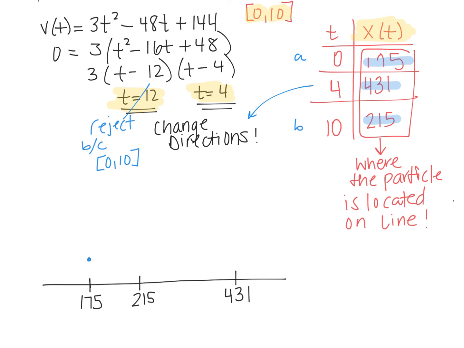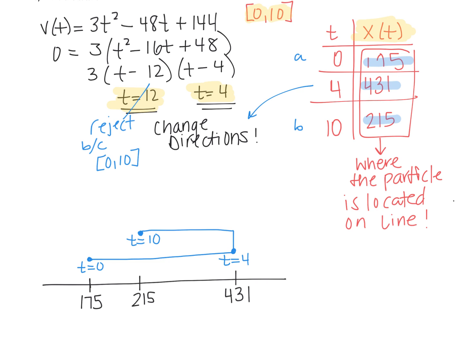So I'm going to put a little dot here, and put time equals 0. Then at time equals 4, another dot, I'm at 431. And then at time equals 10, I'm at 215. So over here, we'll put another dot, time equals 10. And we just have to make sure we connect them. I went right from here to here, and then I went left from here to here.